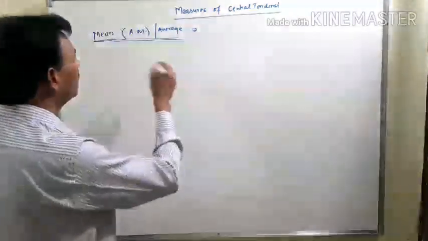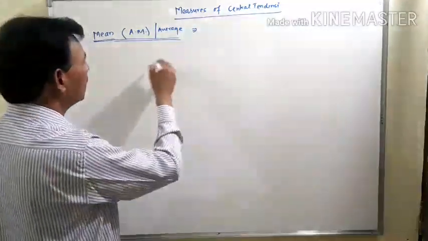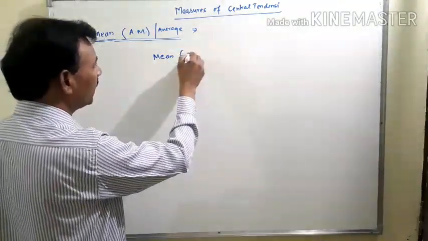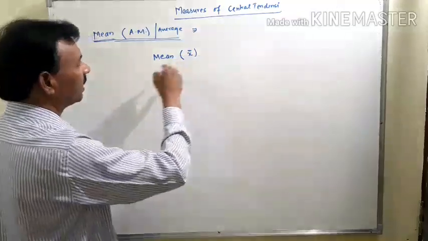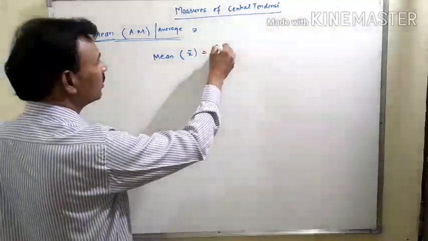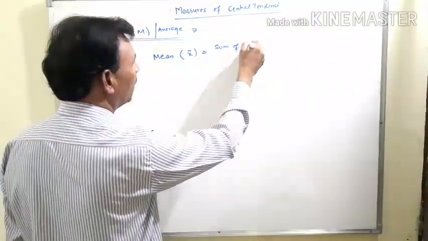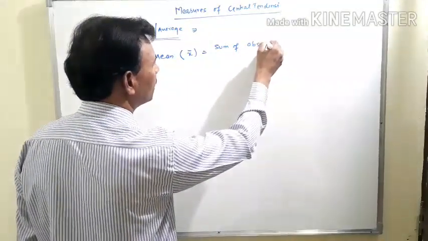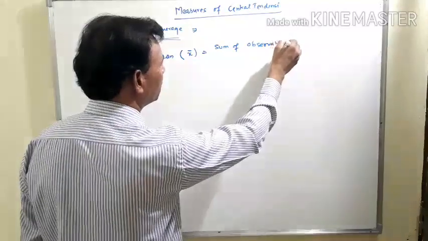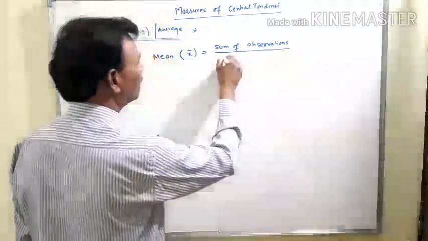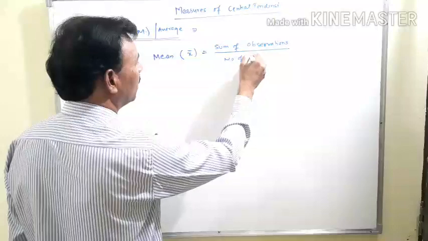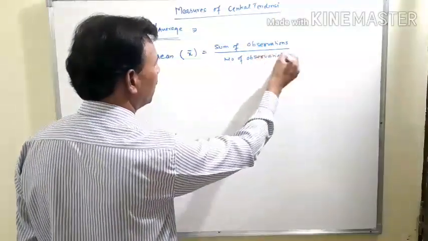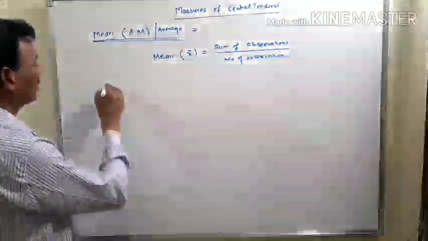Mean is represented by x bar, read as x bar. Mean equals sum of observations whole upon number of observations.